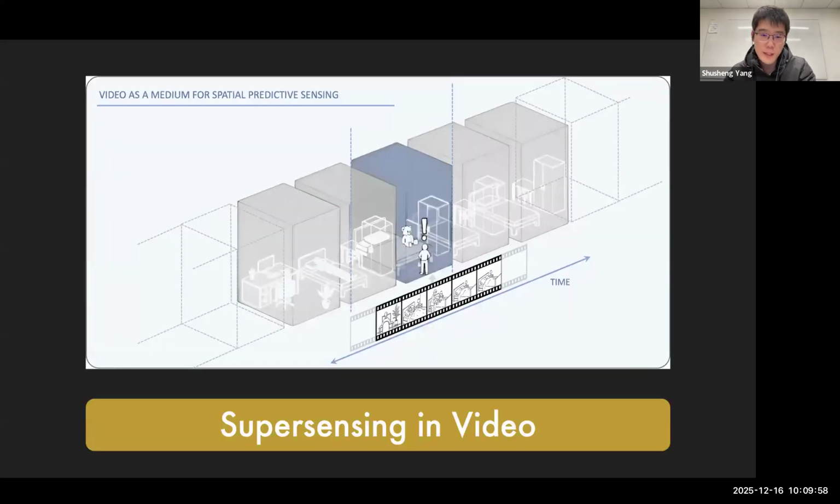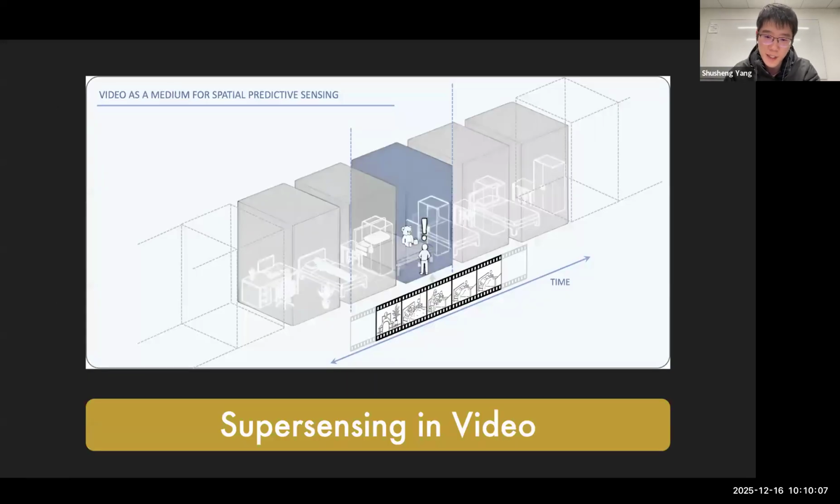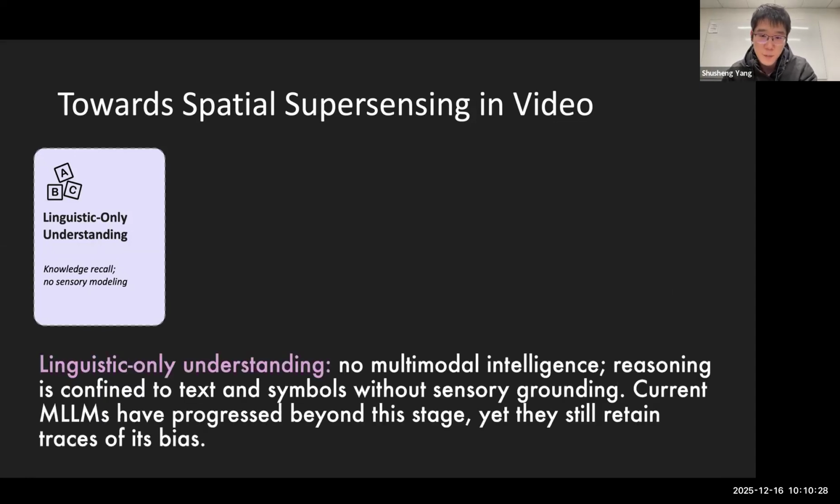So to study this, or to realize our imagination of the real-world visual task, we define supersensing. Here is how we organize supersensing into a hierarchy of 5 levels. It starts from linguistic-only understanding. For linguistic-only understanding, there is no multimodal intelligence, it's language only.